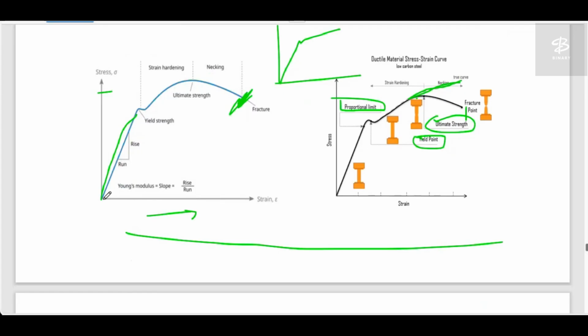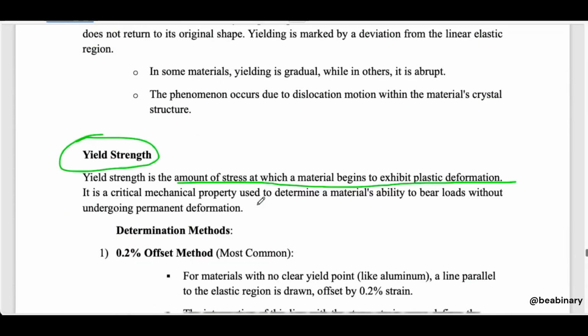So you could go to 0.2% strain and then draw the line which will cut. That point is known as your yielding point, or you can draw the yielding strength.